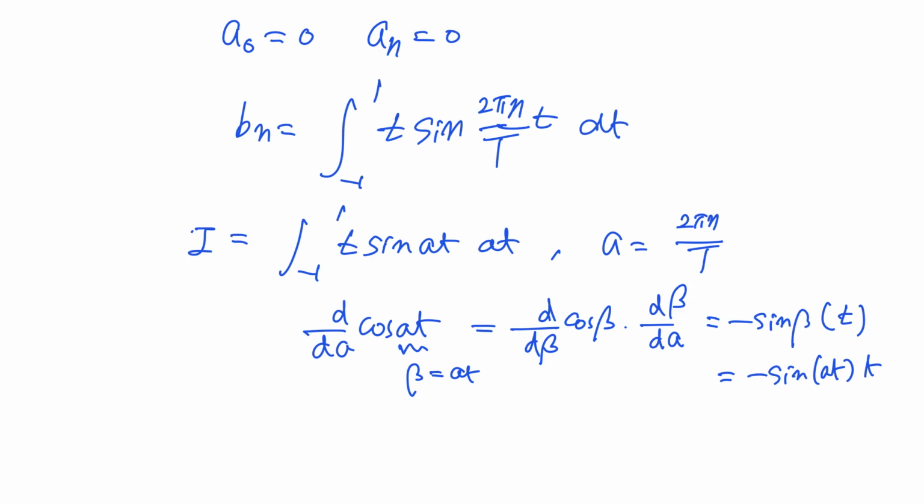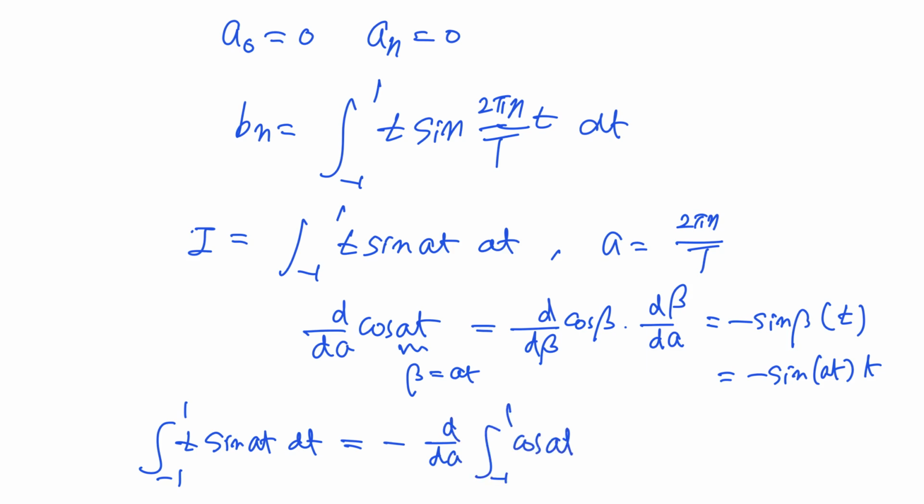So you can say that this integration of t sine at dt from minus 1 to 1 is the same as minus d/da of the integral of cosine at dt.